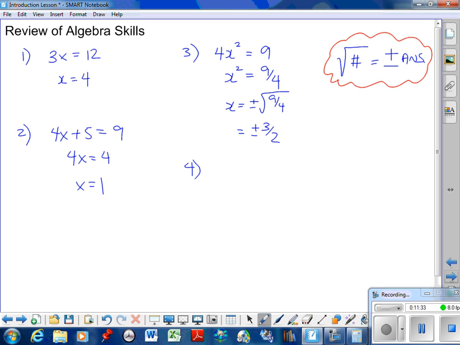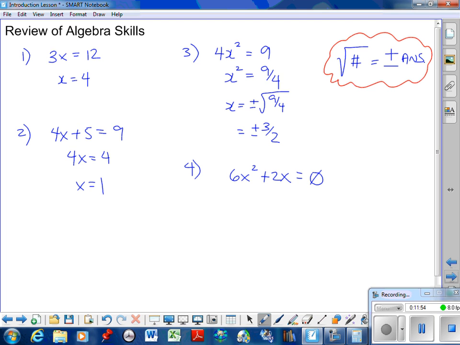And do I expect you to be able to common factor? Yes, common factoring is a skill. So for those that didn't do any of the factoring or are struggling with factoring, it does come up a little bit in the first part of this course. So I would expect you to be able to solve 6x squared plus 2x equals 0.